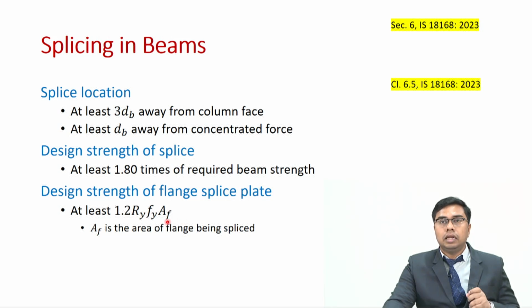Now, why am I telling it maximum possible? Because Fy times Af gives you the yielding strength of the flange, and if you multiply it with the material uncertainty factor in yielding, you get the maximum possible strength, and then you also multiply it with 1.2, that is 20% plus. It will be more clear when we illustrate it through a design example.